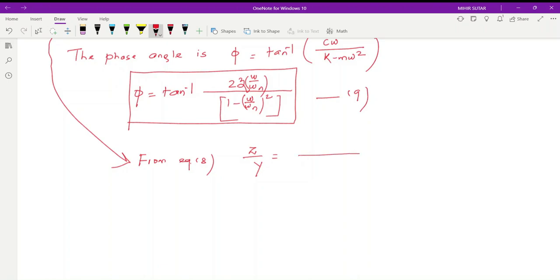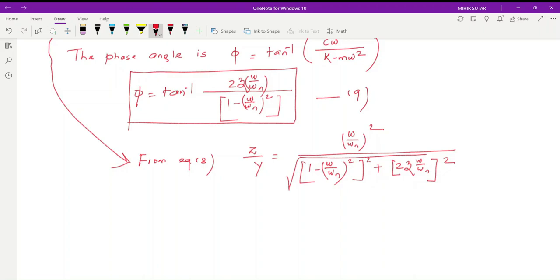It will be equal to (omega by omega n) square divided by the square root of (1 minus (omega by omega n) square) whole square plus (2 zeta omega by omega n) square, times sine (omega t minus phi).